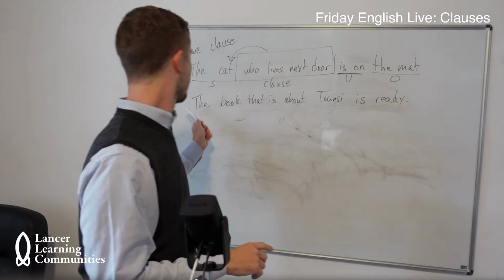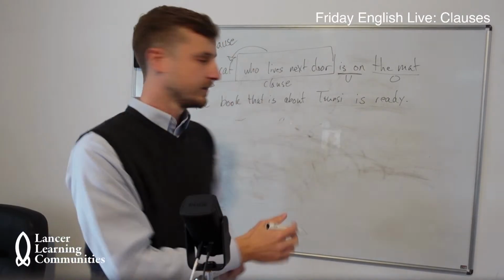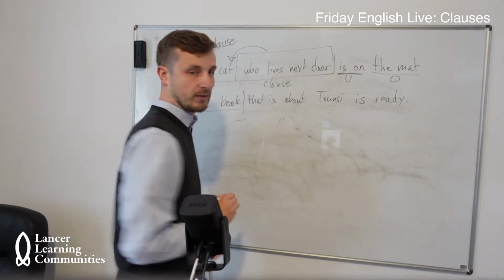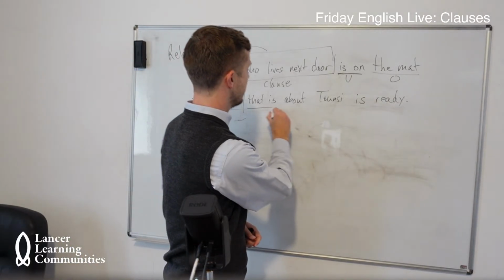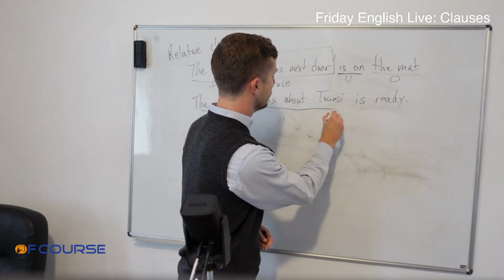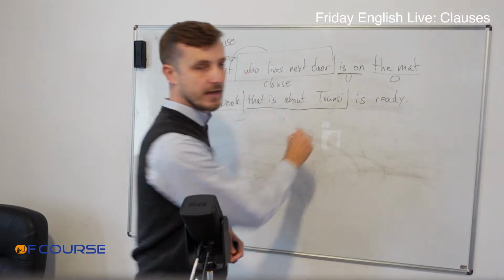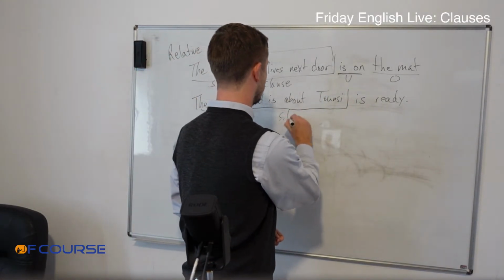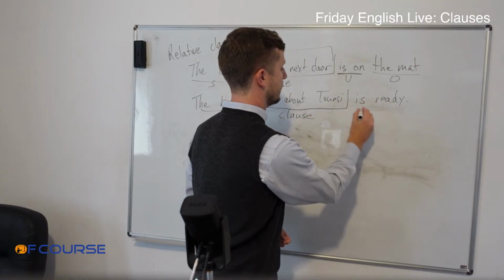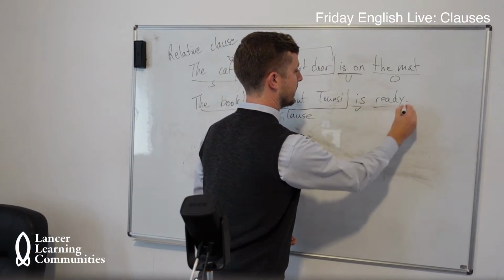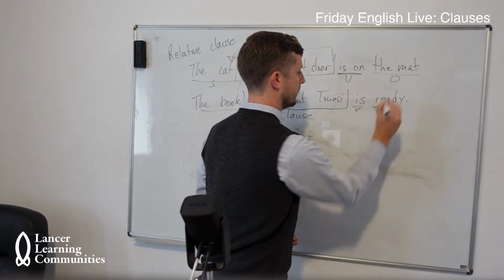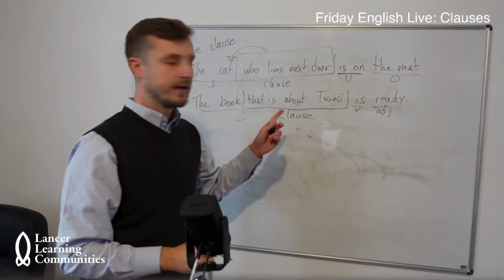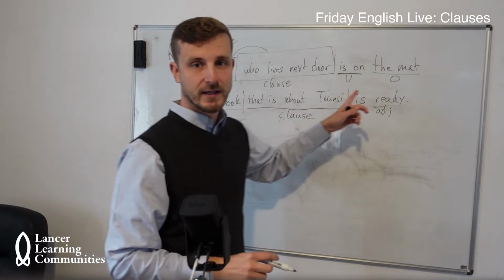The book, the is subject. Then that is about Tutsi is the relative clause. Is verb, adjective, ready. The book that is about Tutsi is ready.